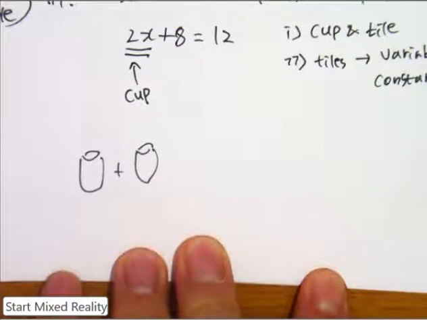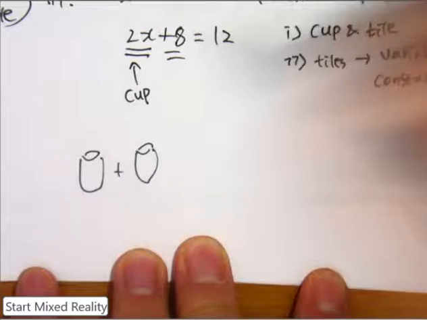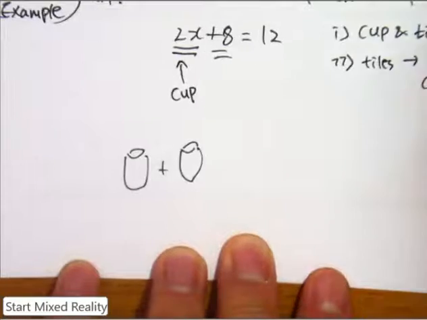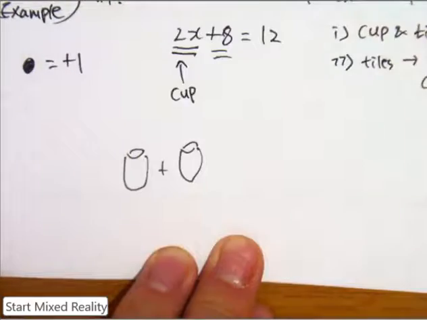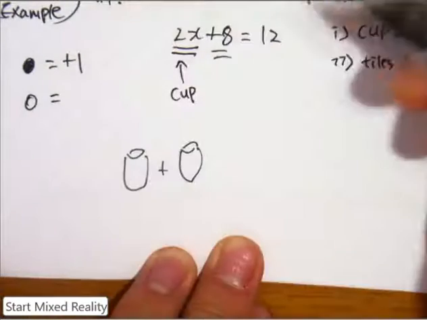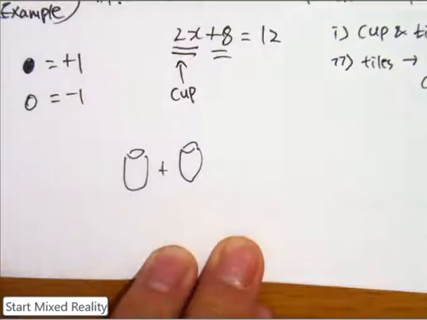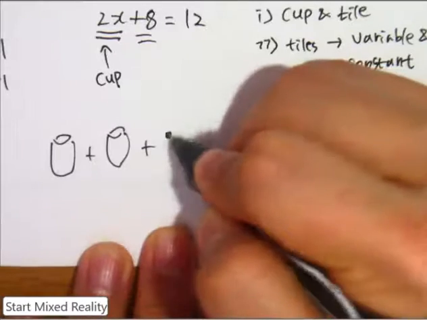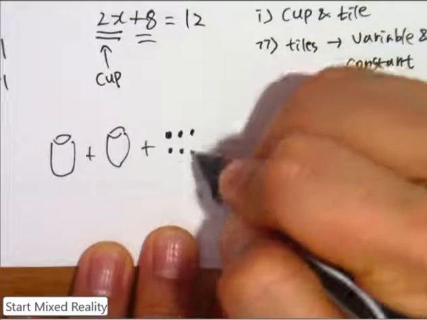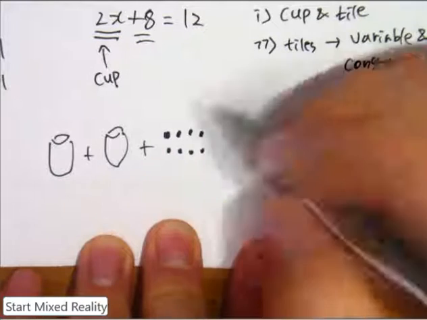Followed by, when it comes to my constant, you have positive integers. So let's make a little legend. For example, what I colored, you can have a positive 1. Whatever I don't color, you can have negative 1. In this case, this is easy because we can draw 8 of the colored tiles.